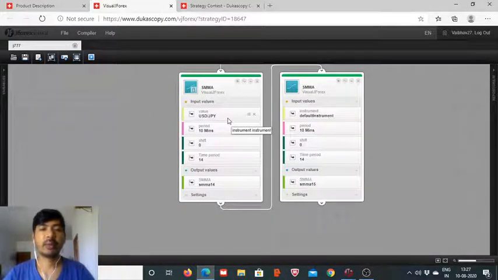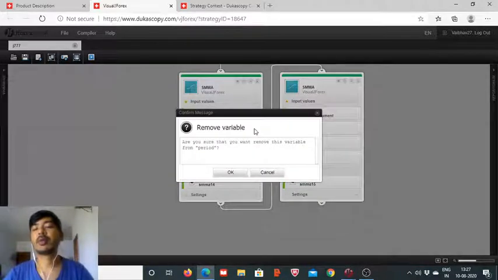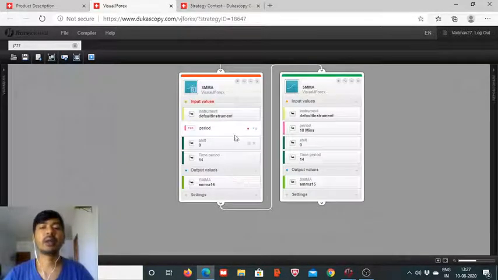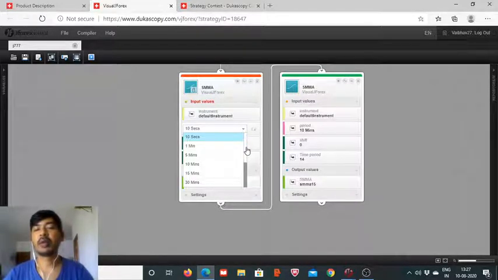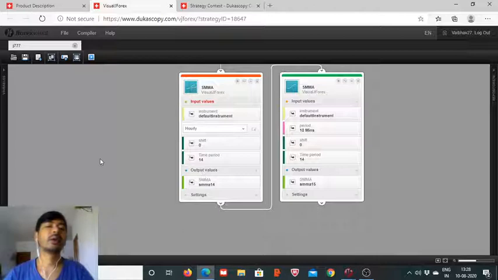Now coming to the time period, it can range from 10 seconds to 1 month. You can utilize any time horizon for your calculation of the underlying instrument: hourly, 4 hourly, daily, weekly, monthly. All these input parameters are there. For convenience, I stick with hourly, but you don't necessarily need to keep the default time period at hourly.